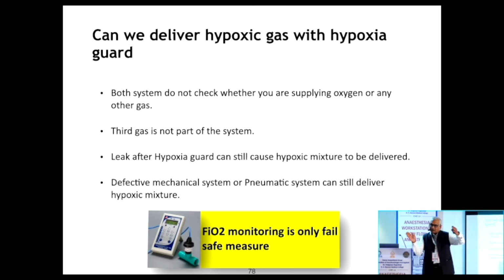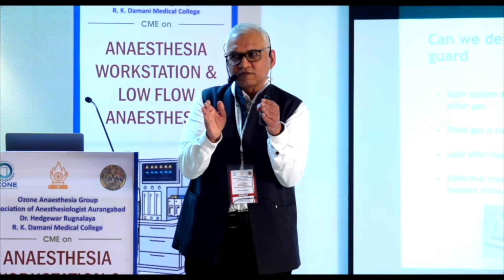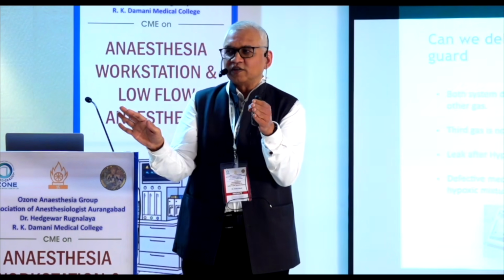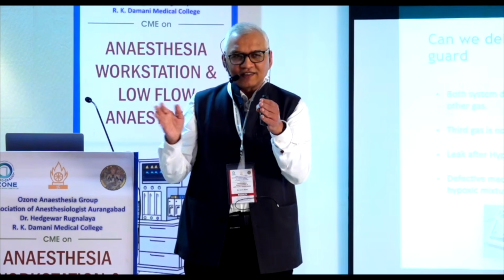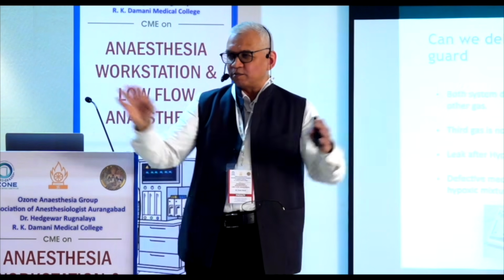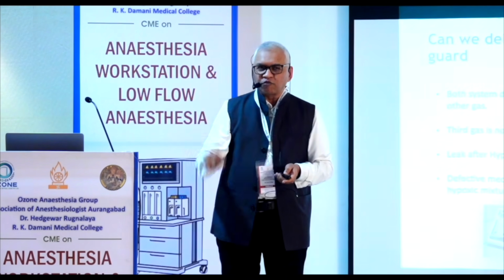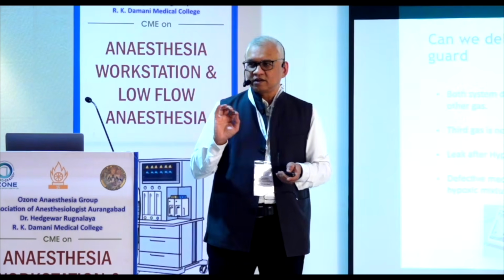Okay, these are the segments where you can use it without an FiO2 monitor. But if you want to go below 500, do not use it without an FiO2 monitor. At 1 liter, there is a certain segment like this weight, this duration. Beyond that, you should not use. So ideally, all anesthesia machines must have FiO2 monitoring working.